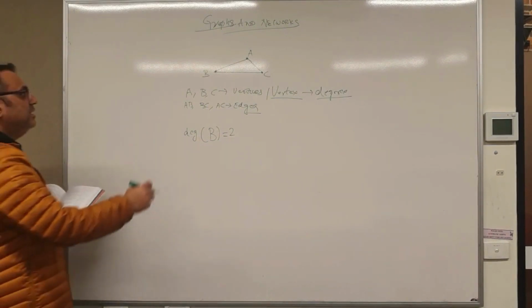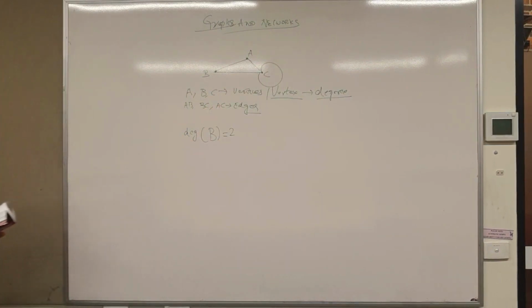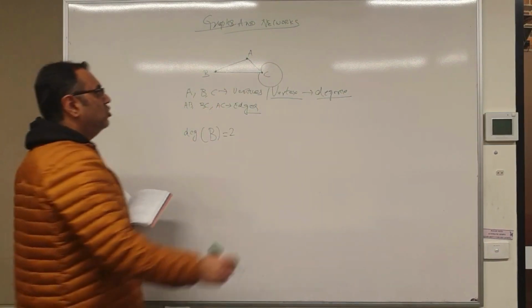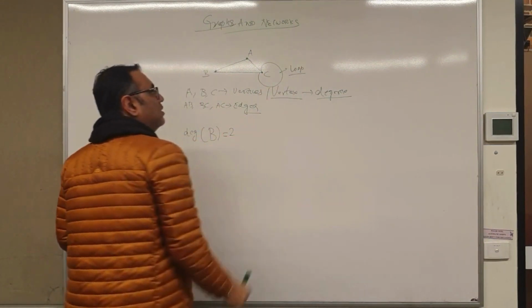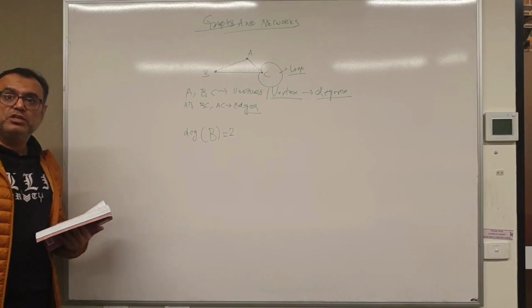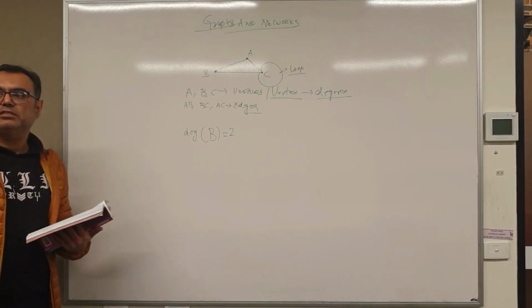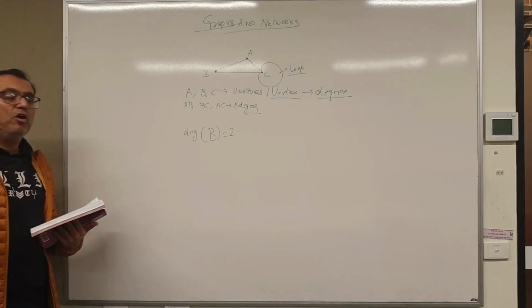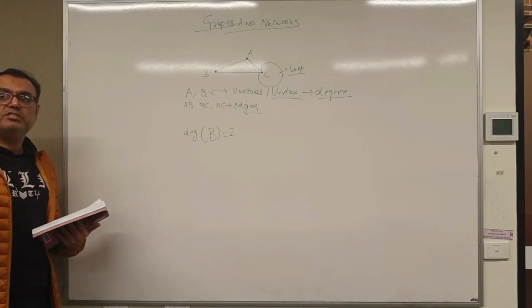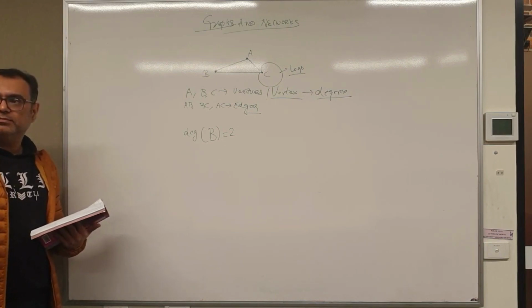You can have something like this as well. This is called a loop. A loop is that edge which starts and ends at the same vertex. When you are counting the degree of a particular vertex which has a loop, you count that edge twice.